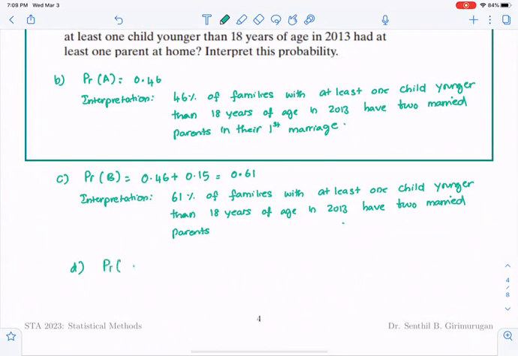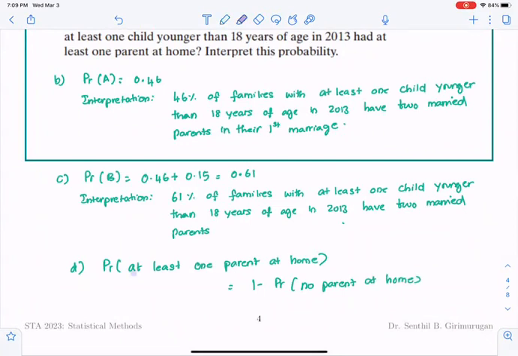So probability of at least one parent at home is the complement of no parents at home.